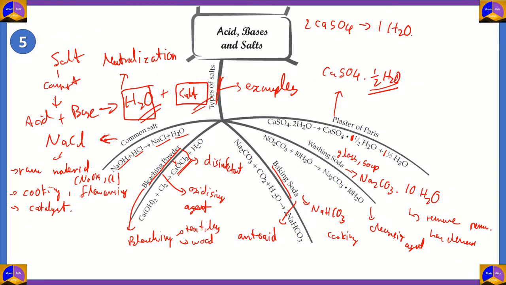Now if you add water to plaster of Paris, after some time it hardens into a solid mass which is quite strong, and that solid mass is called gypsum, which is CaSO4 times 2H2O. So plaster of Paris is immensely useful in sculpting and building, etc. It had origins in Paris, and that's why the name plaster of Paris.